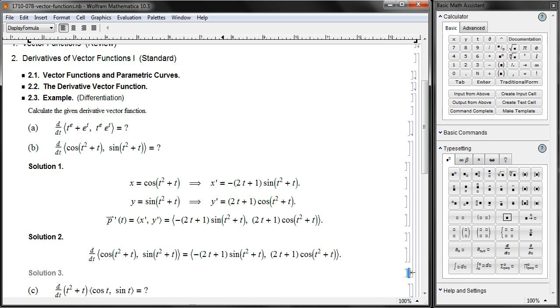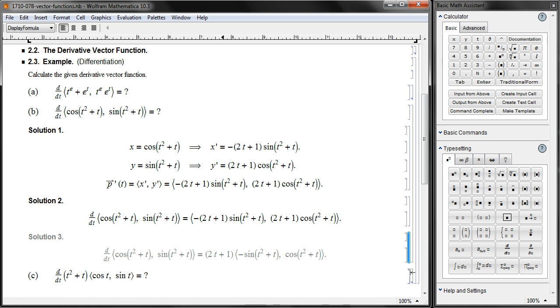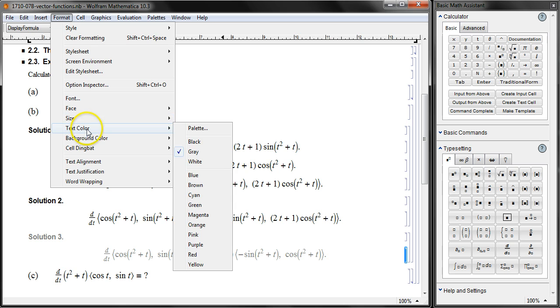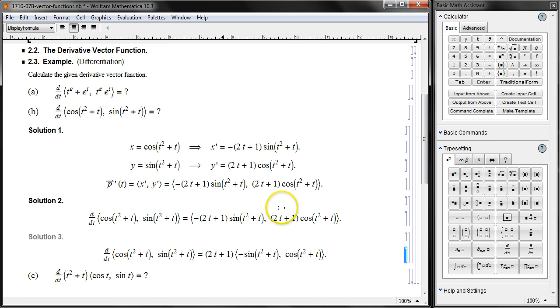Solution 3, this is not really a separate solution, it's just a simplification, by the way. In the final form, please note that 2t plus 1 is common, so you can just factor it out, and then leave it as a scalar multiplication of this 2t plus 1 times the vector function. It's just a simplification.